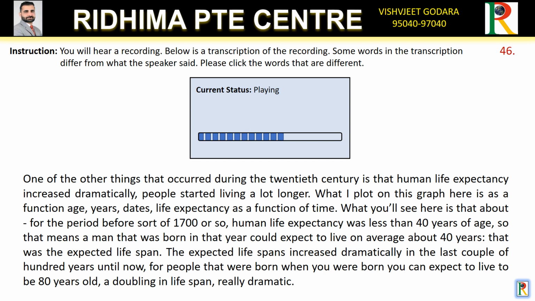So a person born in that year could expect to live on average about 40 years. That was the expected lifespan. And the expected lifespans increased dramatically in the last couple of hundred years. Till now, for people that were born when you were born, you can expect to live to be 80 years old, a doubling in lifespan, fairly dramatic.